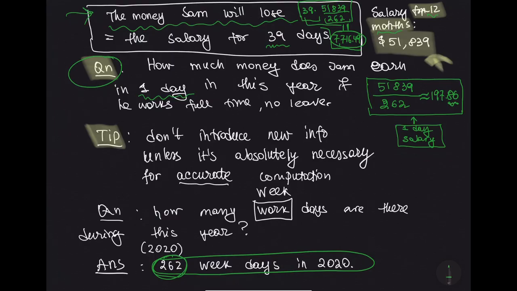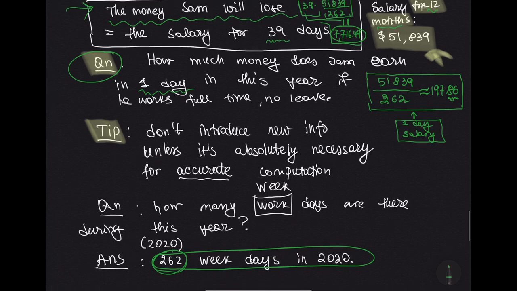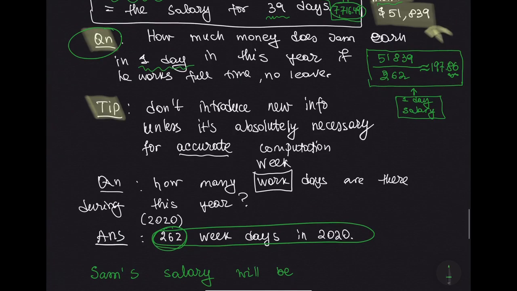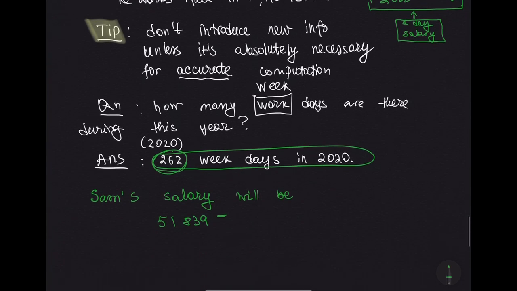What about the original question? What is Sam's salary going to be for 2020 if he does take this leave? It's going to be 51,839, his full salary, minus that amount that he's going to lose, which is 7,716.49.